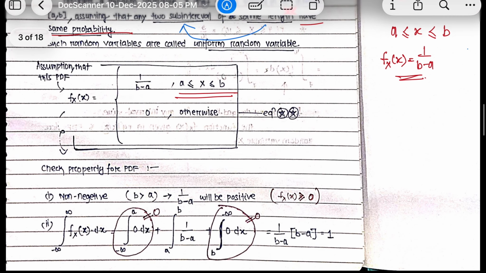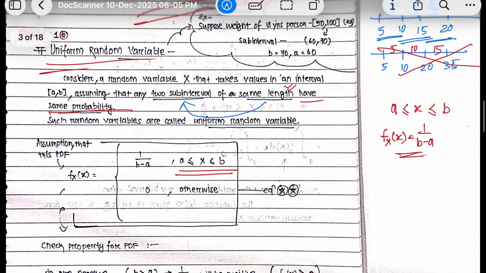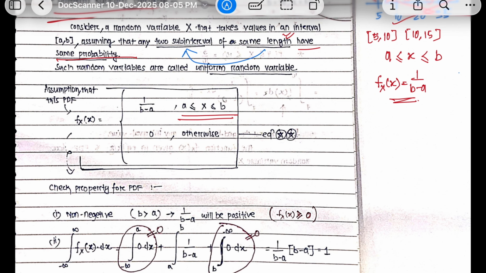Usually we take the intervals with the lower limit smaller, and the upper limit having the larger value.